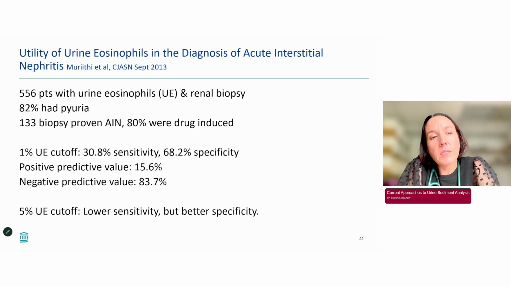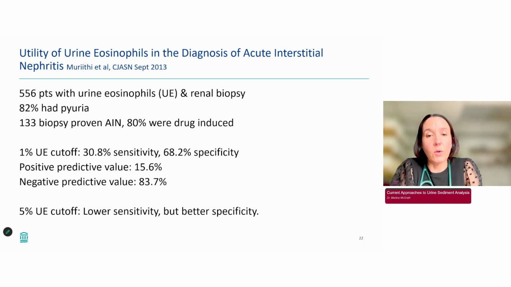So on analysis, if you look at a 1% urine eos cutoff, this had a 30.8% sensitivity for interstitial nephritis, but was specific at 68%, having a very poor positive predictive value of only 15.6%, but a relatively higher negative predictive value. If one used a more stringent 5% urine eos cutoff, the sensitivity was even lower, but the specificity was better.